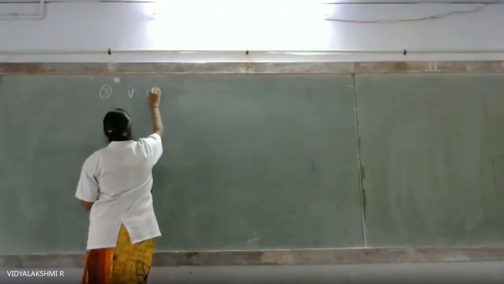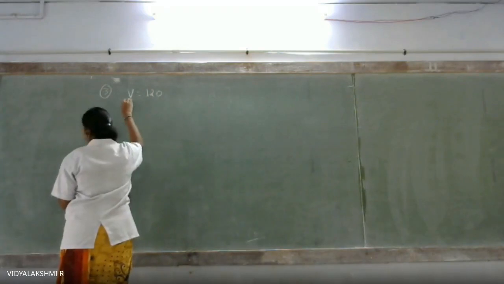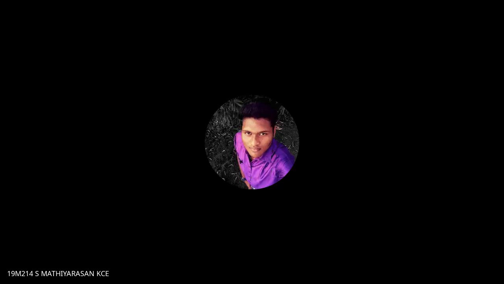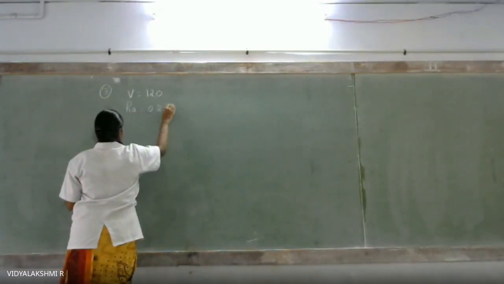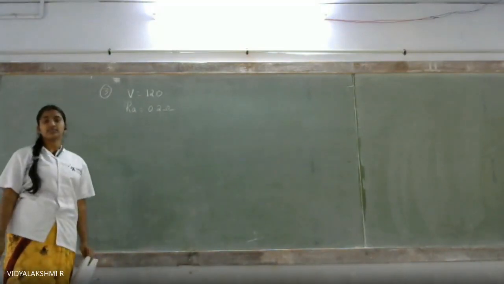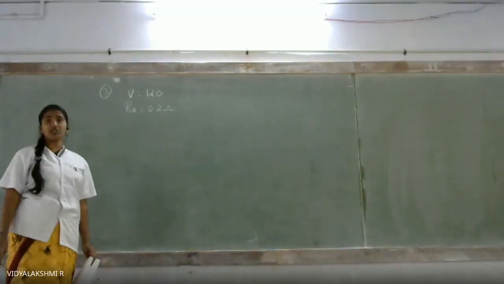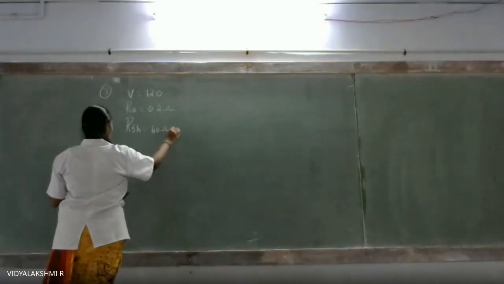V is equal to 120, and then armature resistance, RA is equal to 0.2 ohm, and then field resistance, RSH is equal to 60 ohm.